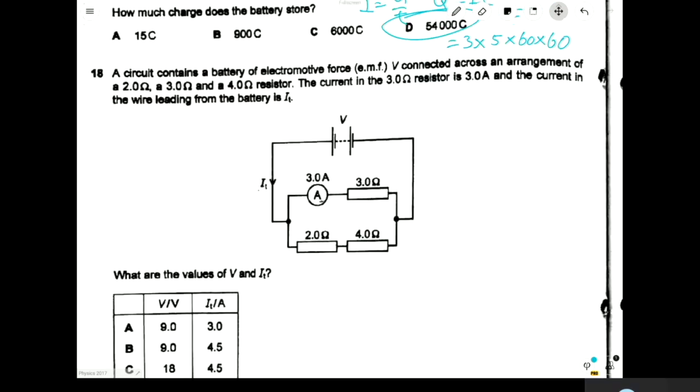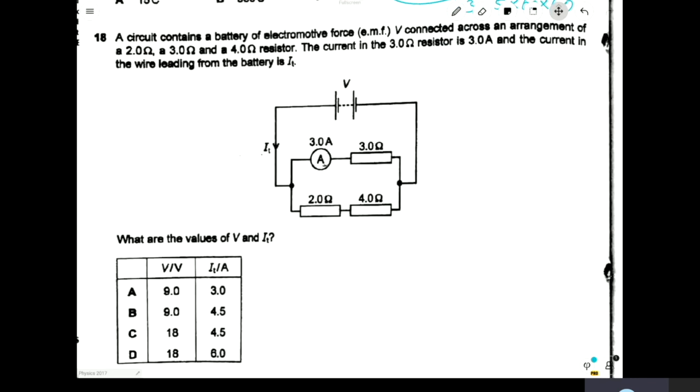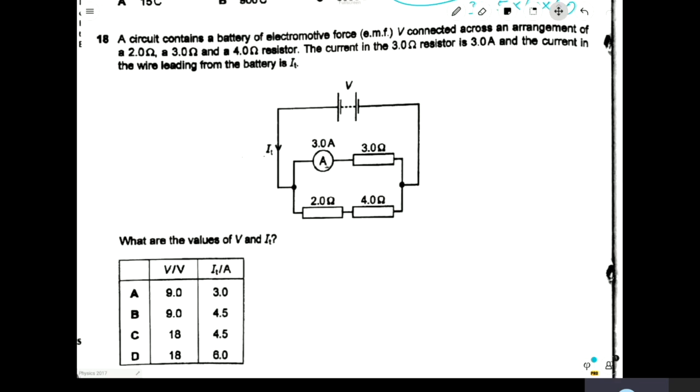Next. 18. What are the values V and I? Okay, V and I. So V is the voltage.